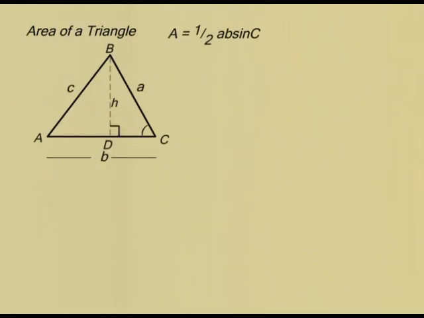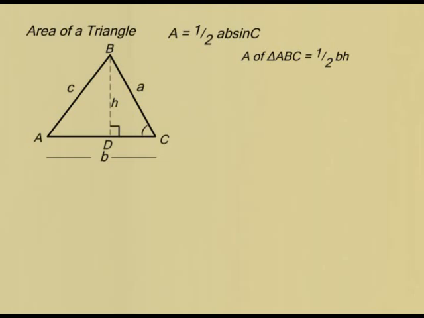Now let's see another formula for calculating the area of a triangle. Consider this triangle ABC, in which the lengths AC and BC and the angle C are known. In this triangle, line BD is perpendicular to AC. This is the perpendicular height of triangle ABC with base AC. The area of triangle ABC is given by a half b times h.